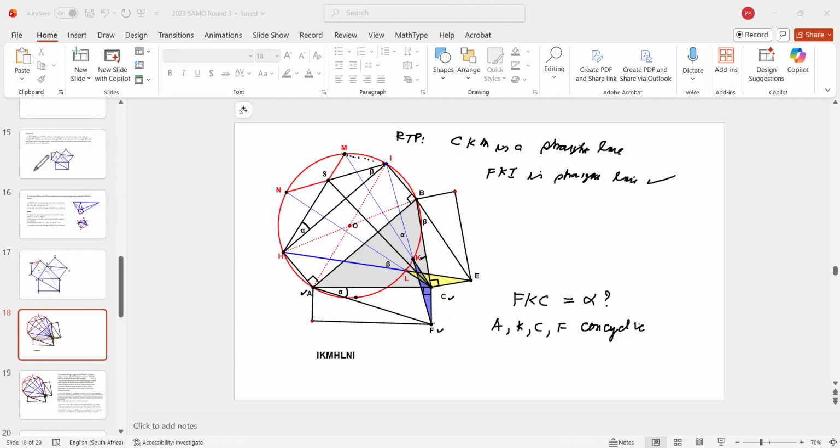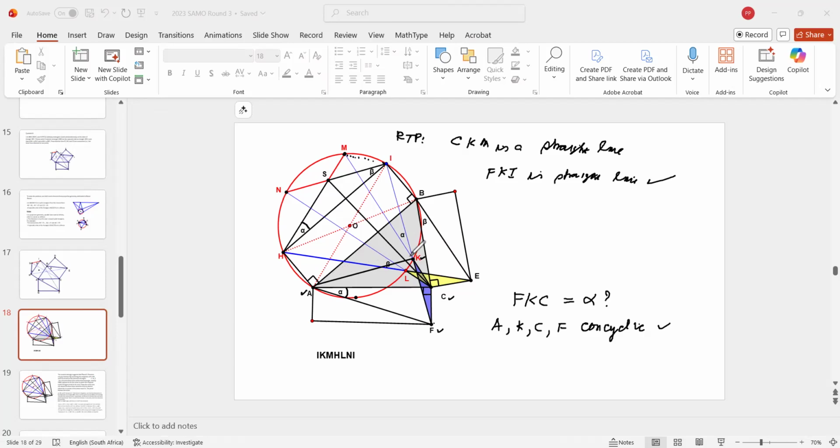I'm going to draw it now. What I'm going to draw is AK. And I'm asking whether AKF is 90 degrees. If I know that AKF is 90 degrees, then I can conclude that these are concyclic. All right. Now we know that this is a straight line, right? We said that FI is a straight line, so FKI.